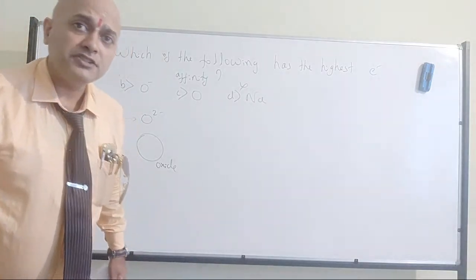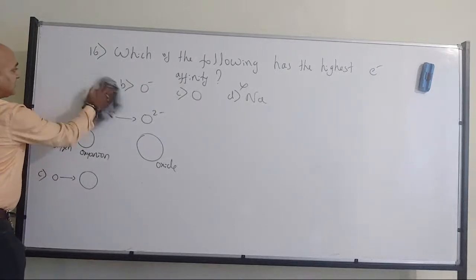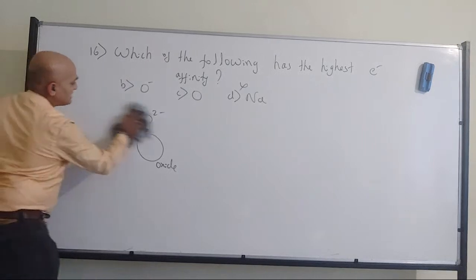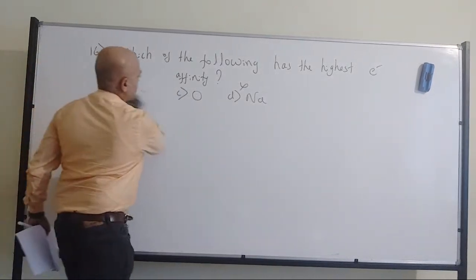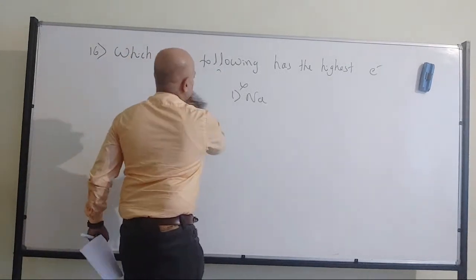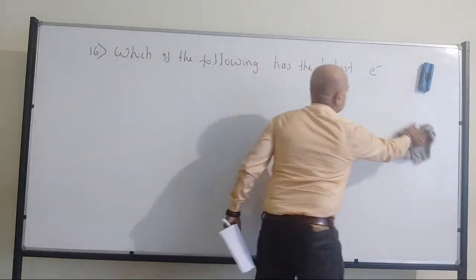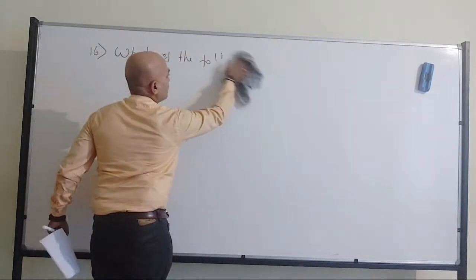All of you have understood? So that's where we have option C as the answer. What is the reason? One reason is instability. O minus is unstable, no doubt. Along with that, when oxygen has taken up one electron, its size has increased. Now the nucleus is far from the outer shell.